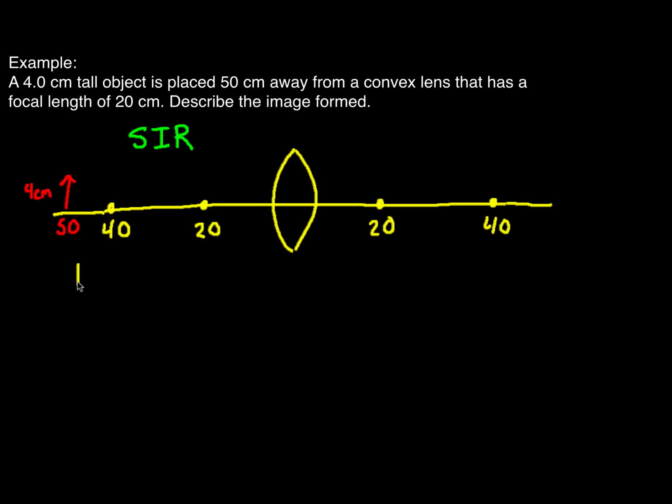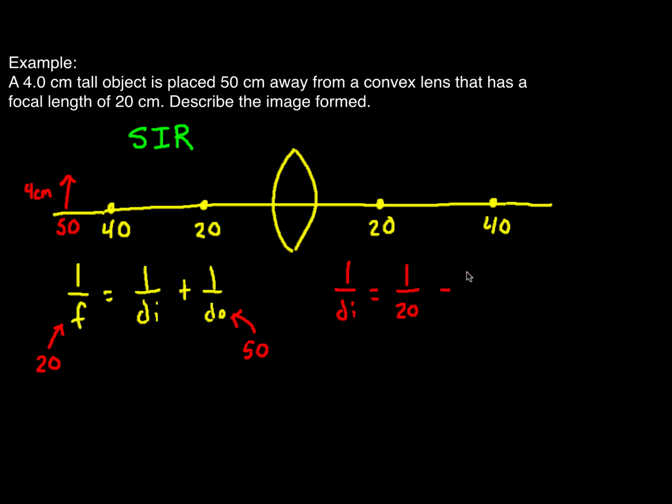The first formula is 1/F equals 1/DI plus 1/DO. We know the focal length of the lens is 20 centimeters, and we know the distance of the object is 50. This means 1/DI equals 1/20 minus 1/50.